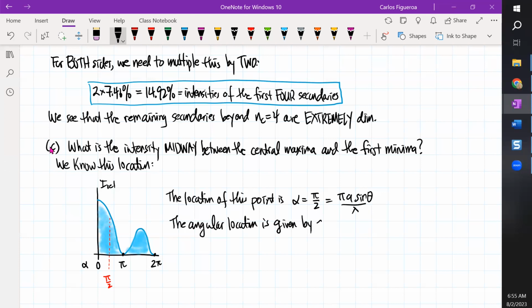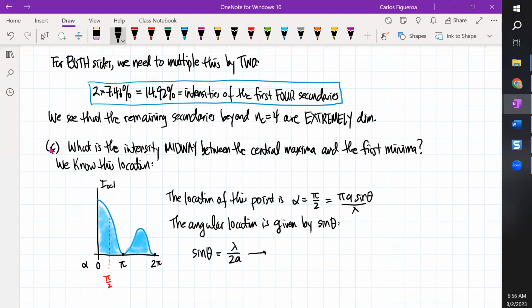You could see that the pi's cancel out, and I'm left with sine of theta equal to lambda over 2a.